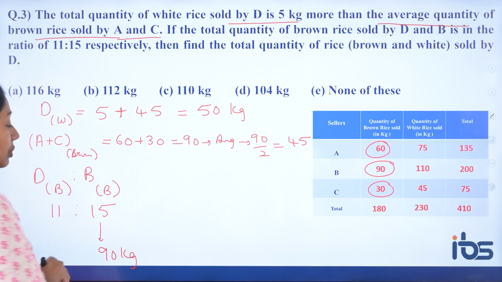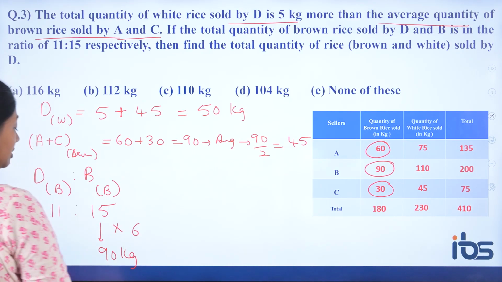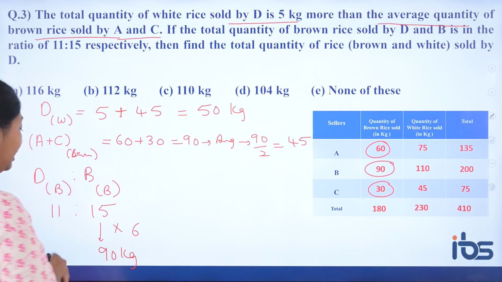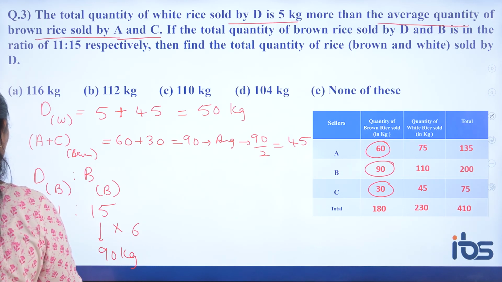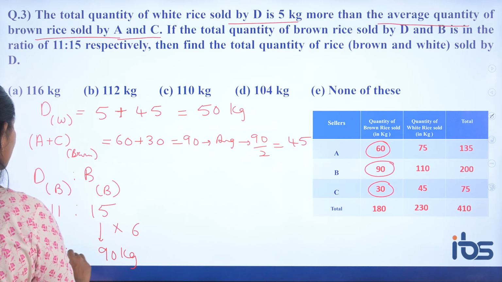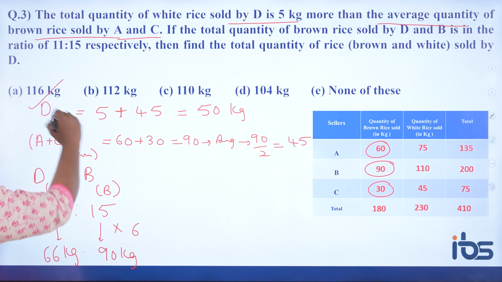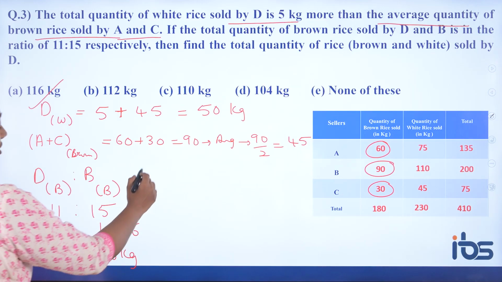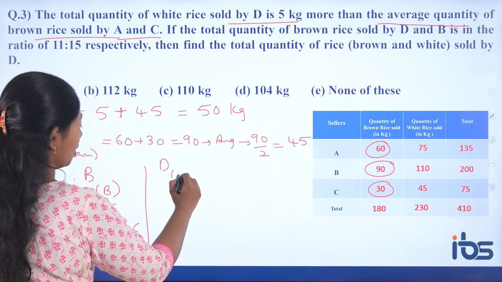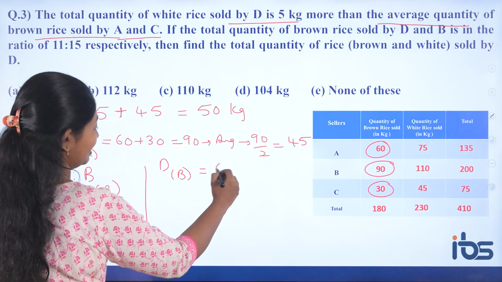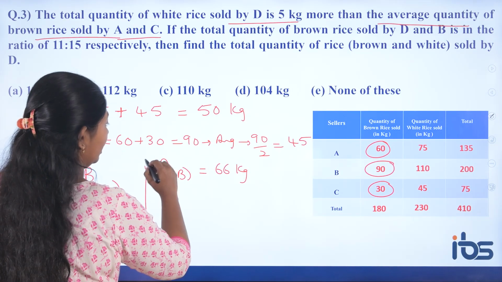Then what is 1 unit? Into 6, because 15 sixes are 90. In the same way, 11 into 6 will be 66 kg. That means seller D's brown rice is 66 kg and seller D's white rice is 50 kg.